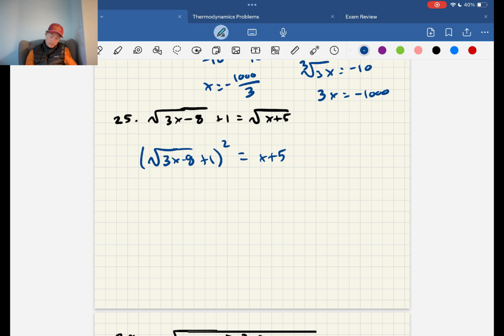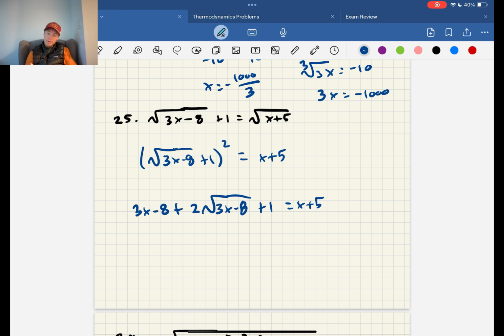So this would be square root of 3x minus 8 times square root of 3x minus 8, which is just 3x minus 8, and then plus 2 times square root 3x minus 8. That's because I did square root of 3x minus 8 times 1, and then 1 times square root of 3x minus 8, which gives me 2 of those. And then plus 1 equals x plus 5.